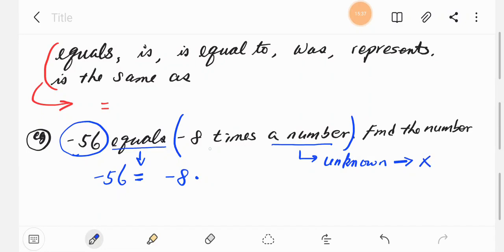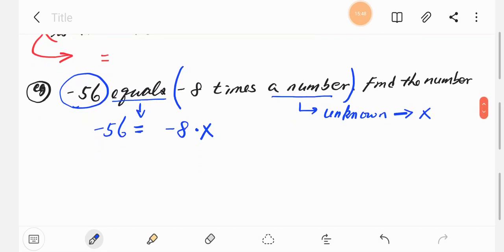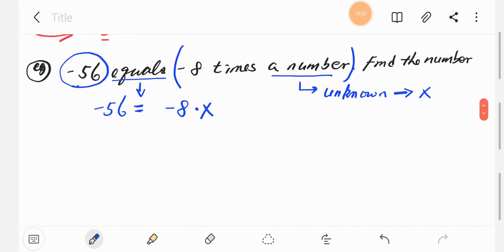So the expression for negative 8 times a number is negative 8 times x. So we just converted an English sentence into a mathematical expression. And then find the number. So we want to find the number x.